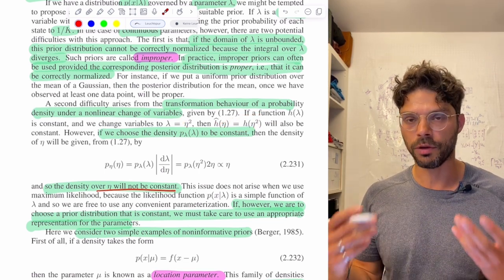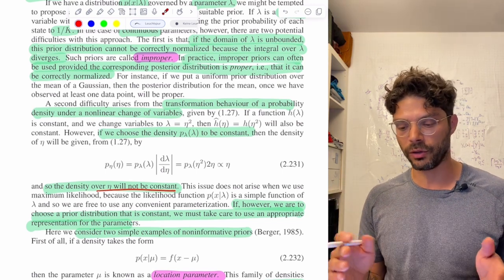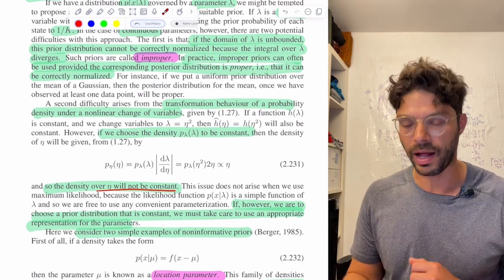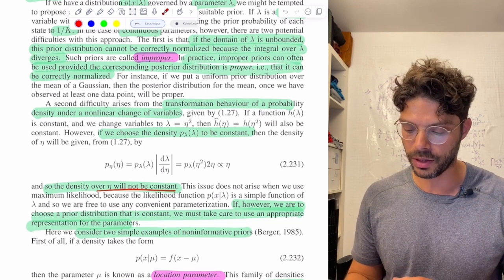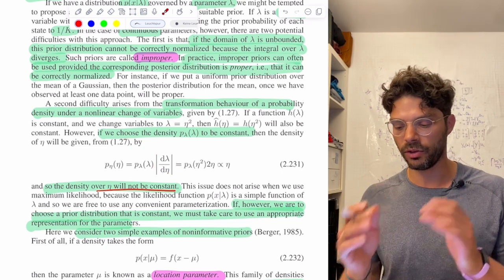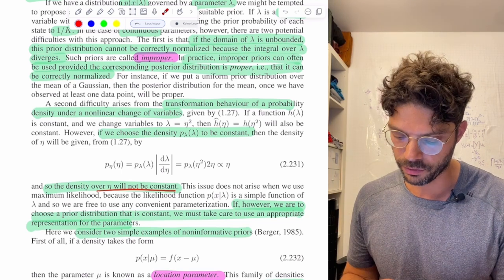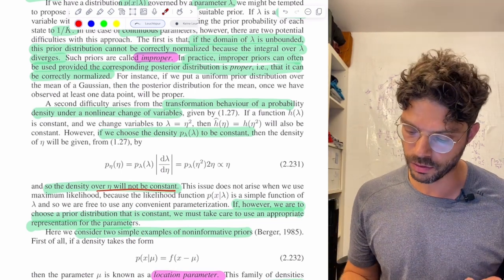But remember that with probabilities, it's not just a matter of plugging in the corresponding value. There's also this change of variables term, this change of volume term that you have to account for, and that's going to mess things up a bit.